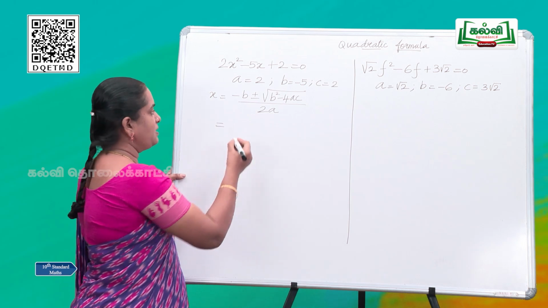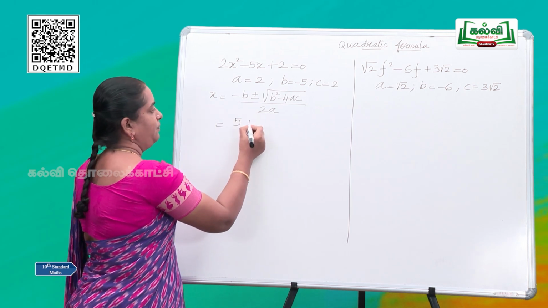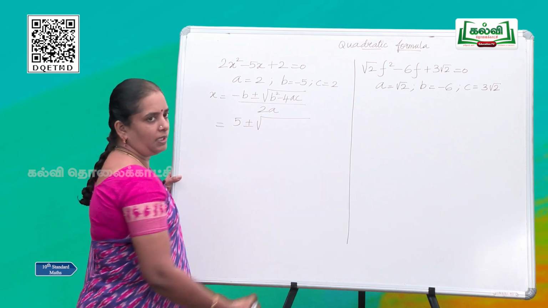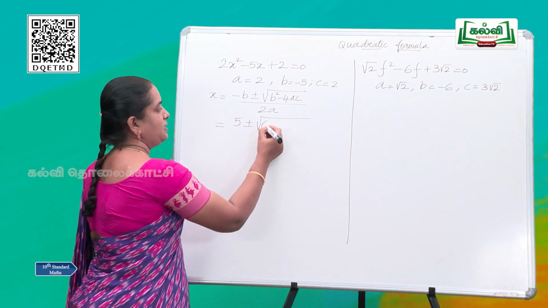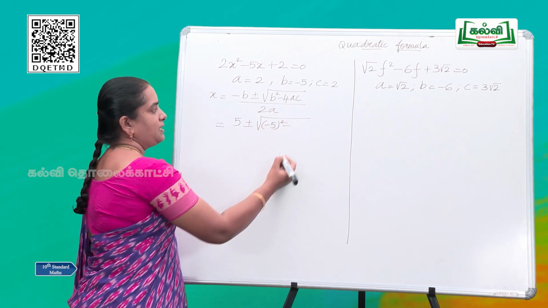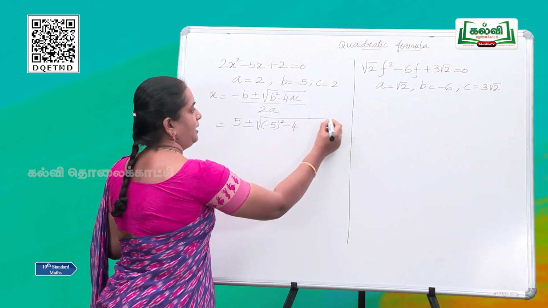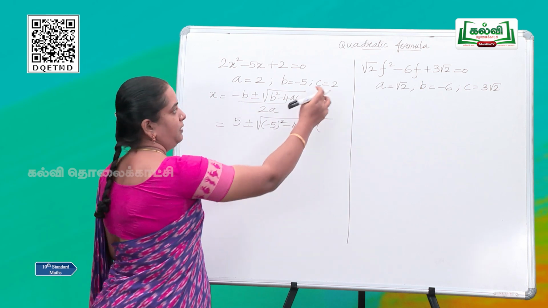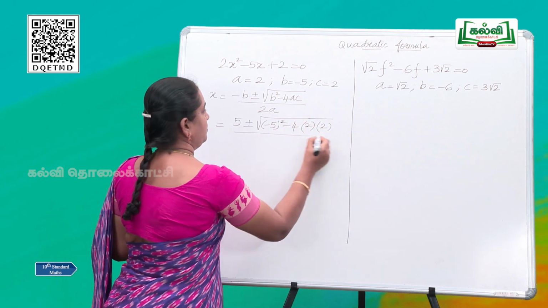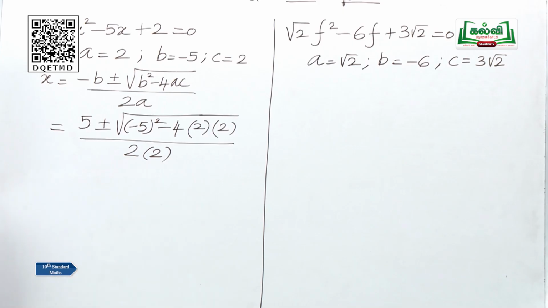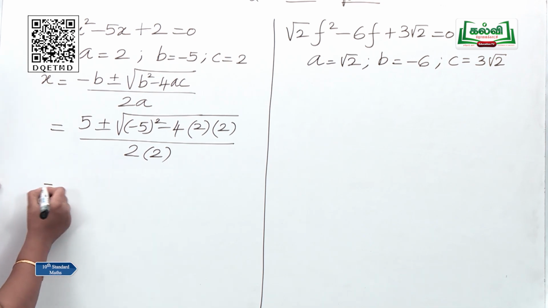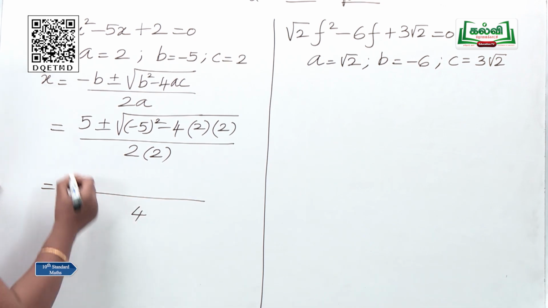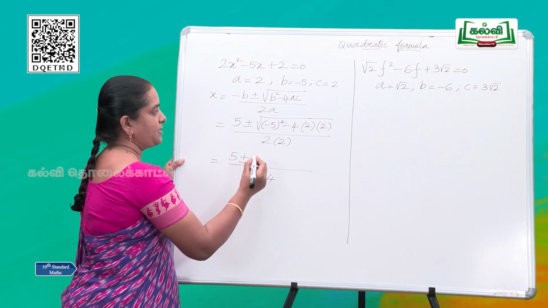So, minus b is minus of minus 5, which is plus 5, plus or minus root of b square, b is minus 5, 4ac. What is a? In the place of a, we are going to substitute 2. Here c is also 2, and in the denominator 2 into a is 2. So, 2 2s are 4 in the denominator. So, denominator is 4 and the numerator becomes plus or minus.